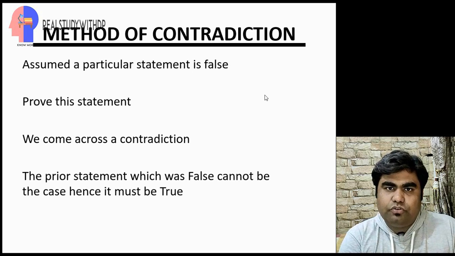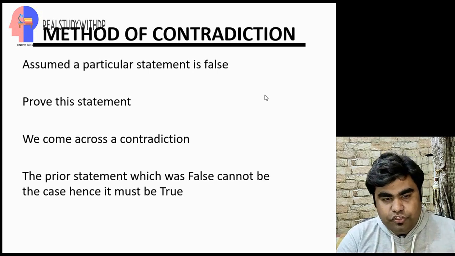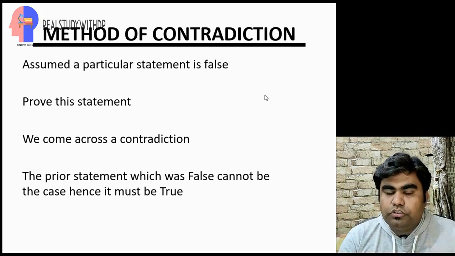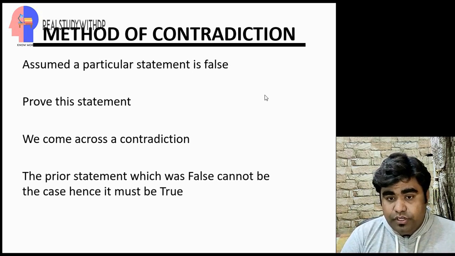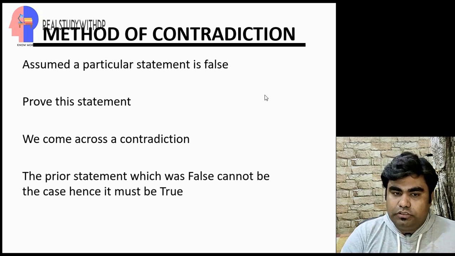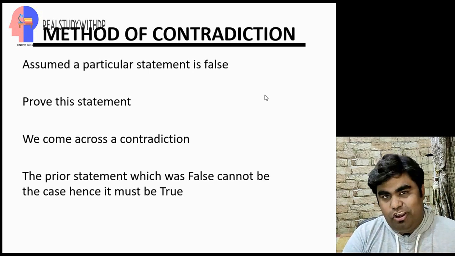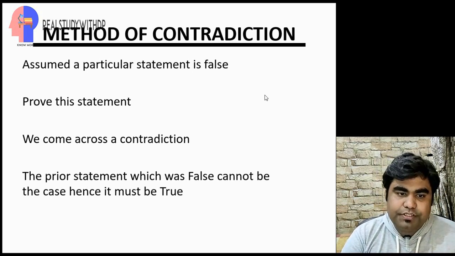But in mathematics, we need to prove that too. The universal truth must be proved in some scenarios in mathematics. So this type of method works a lot in that kind of questions.